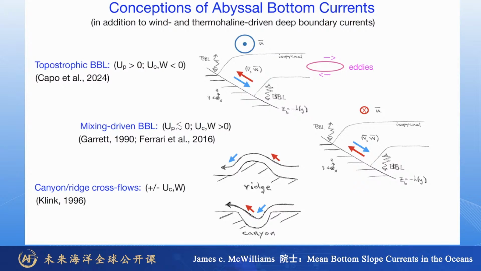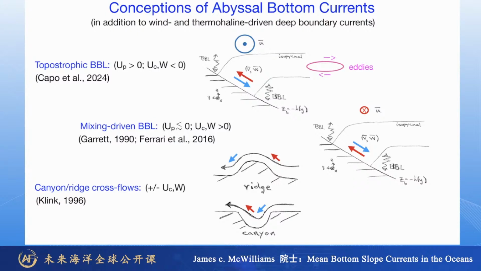A lot of the motivation for a mixing-driven bottom boundary layer is modern microstructure measurements of enhanced turbulence in the deep ocean, particularly near topography. And if you didn't otherwise have a mean circulation, this might indeed be the outcome.